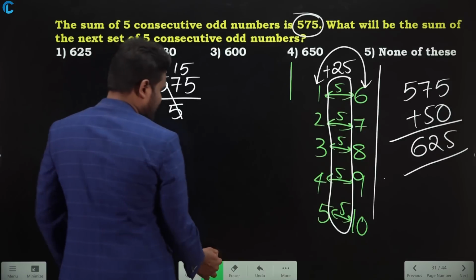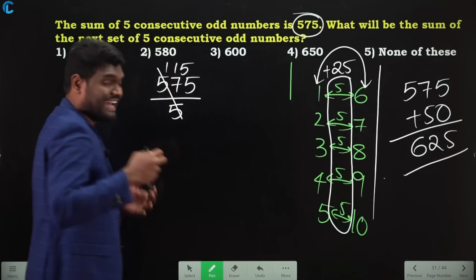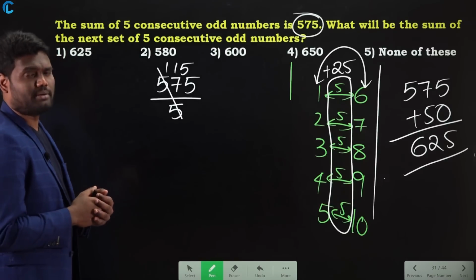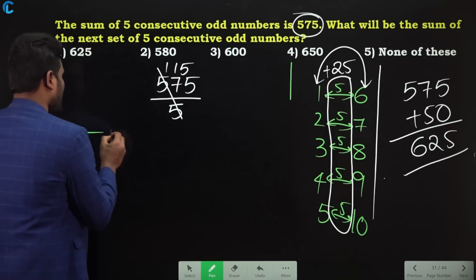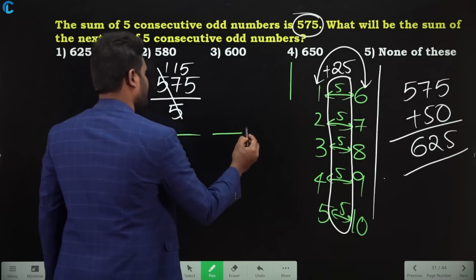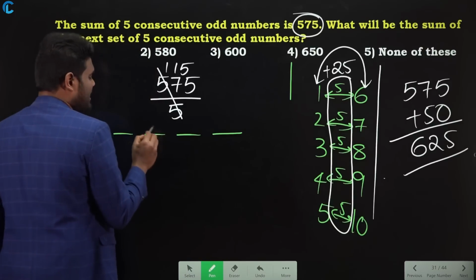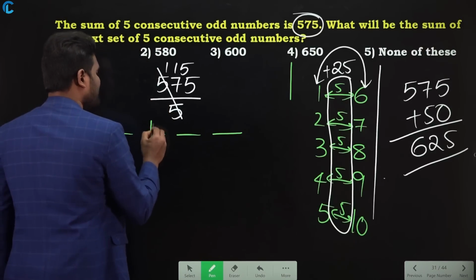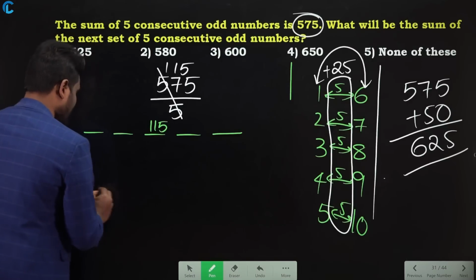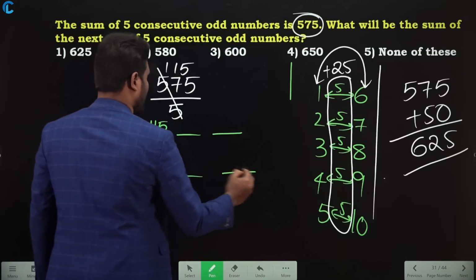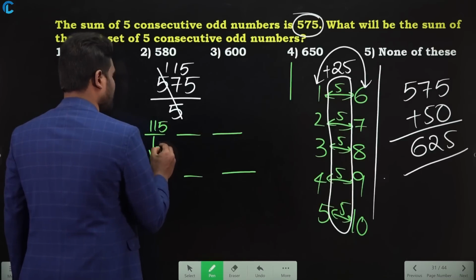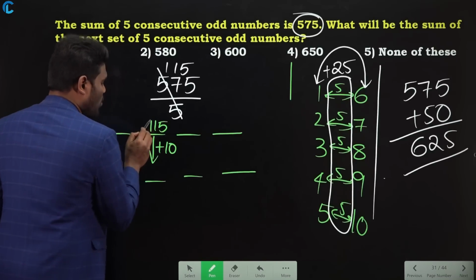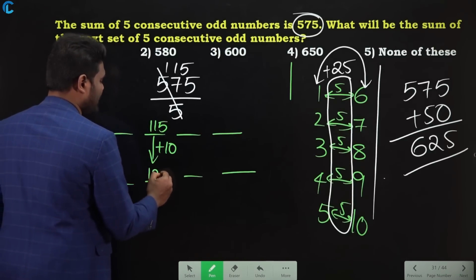If the average is 115, your question is to find the sum of the next 5 consecutive odd numbers. Very simple. Look here, 1, 2, 3, 4, 5. For the first 5 consecutive odd numbers, the average is 115. Then for the next 5 consecutive odd numbers, it is going to be 10 extra, 115 plus 10, that is 125.